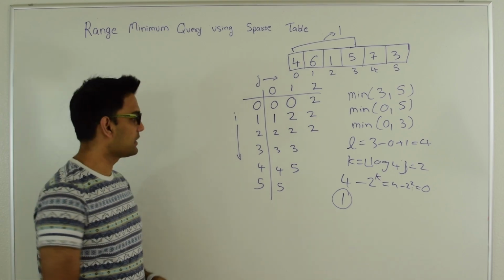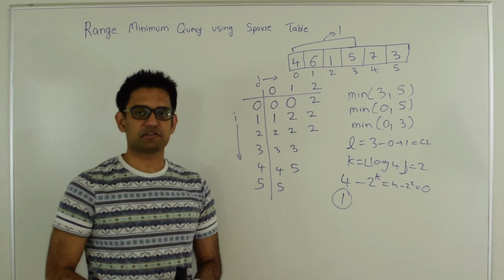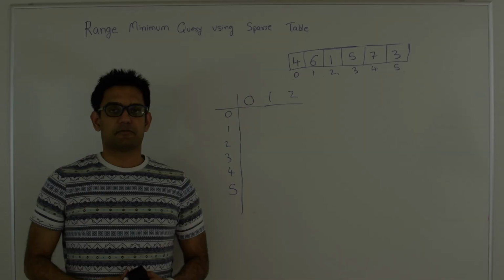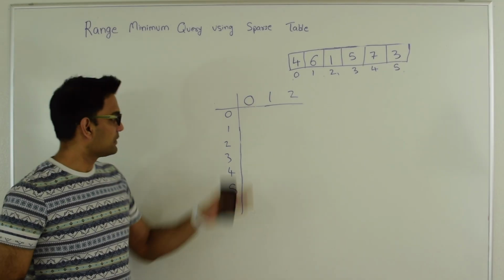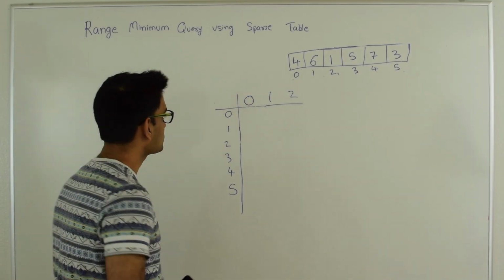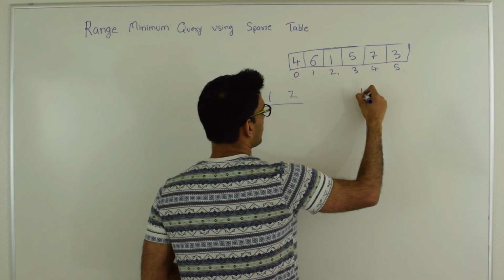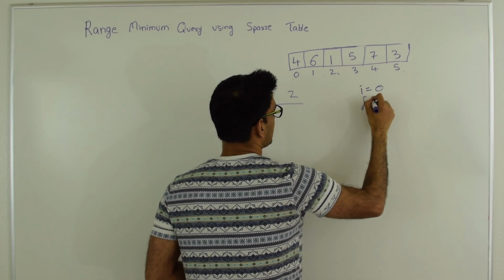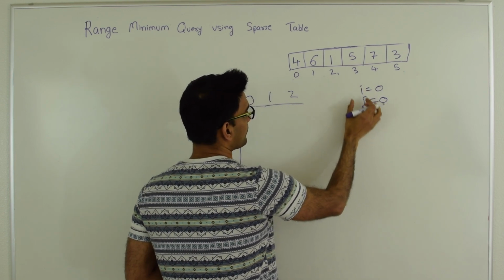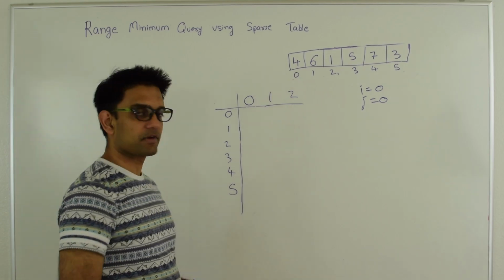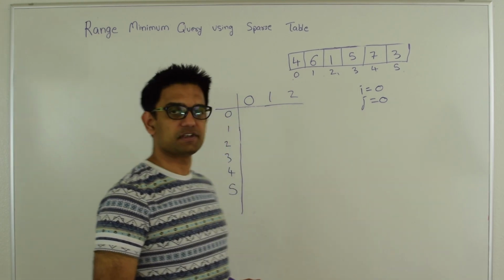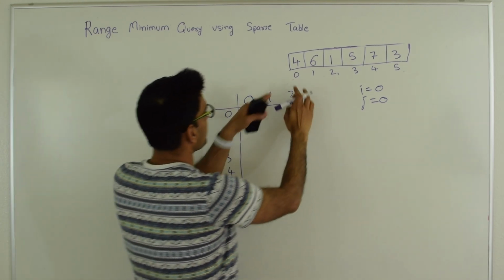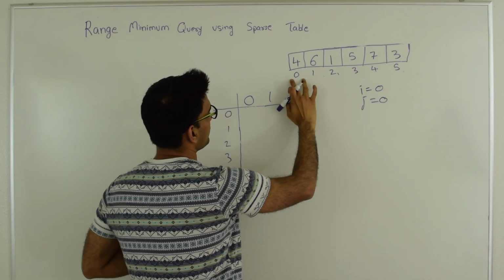So next, let's see how we can build this table efficiently in n log n time. First thing we are going to do is fill up the 0th column. So our I is 0, j is 0. So starting from 0, we are looking for the minimum of next 2 raised to 0, which is 1 element.